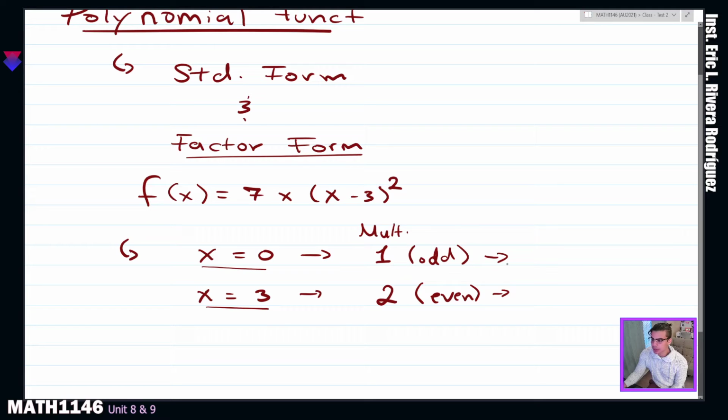We have two behaviors for odd and even. Do you remember? Cross and touch. So Amanda, like you said, cross is the first one because we have an odd multiplicity, and then we have touch. Okay, touch sometimes I refer to as bounce. Rachel, cross at odd. At even, we have a touch behavior or bounce behavior. Okay.